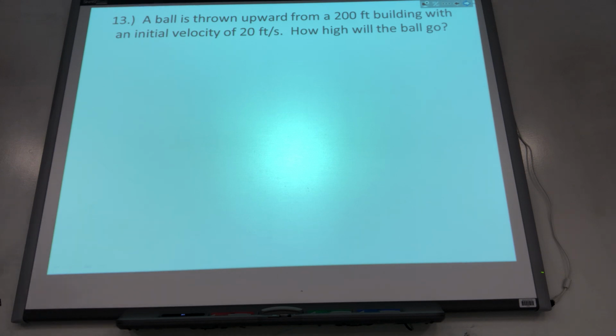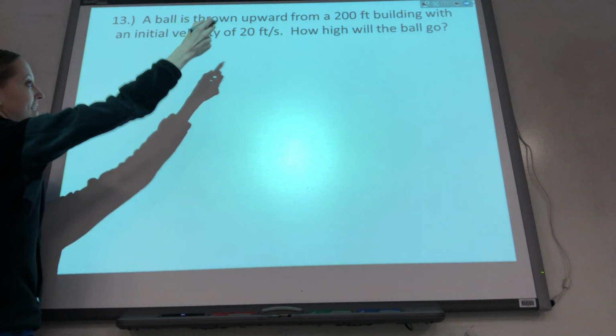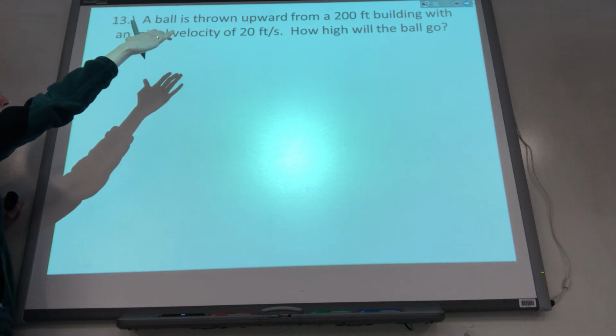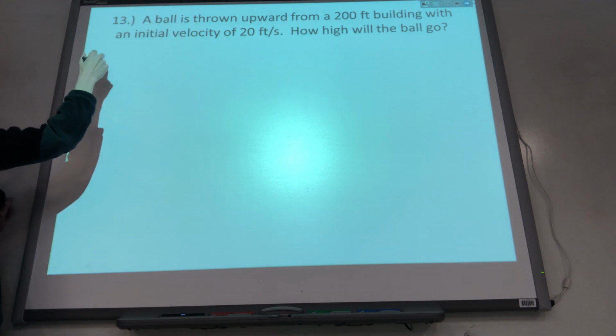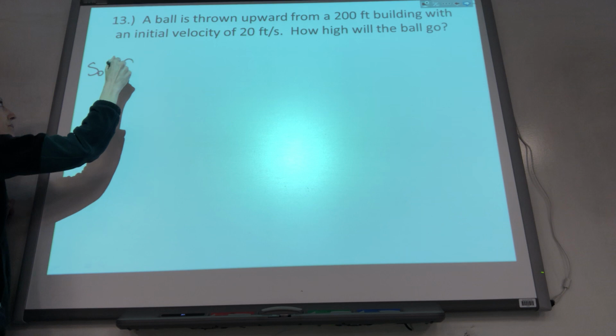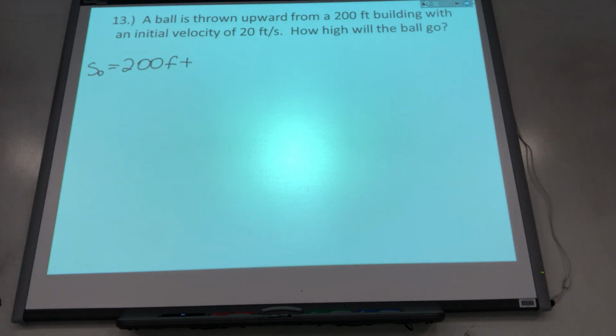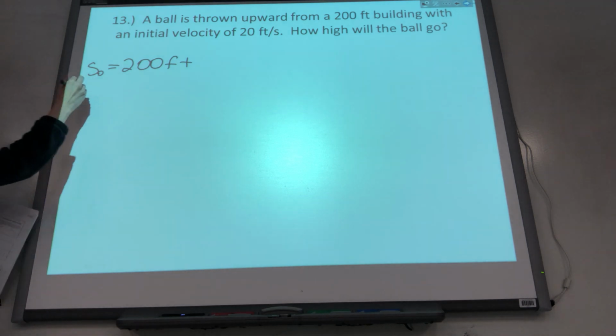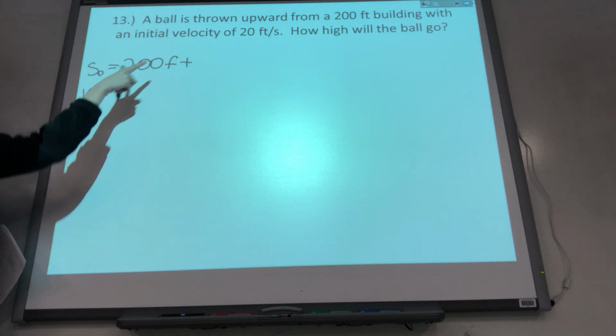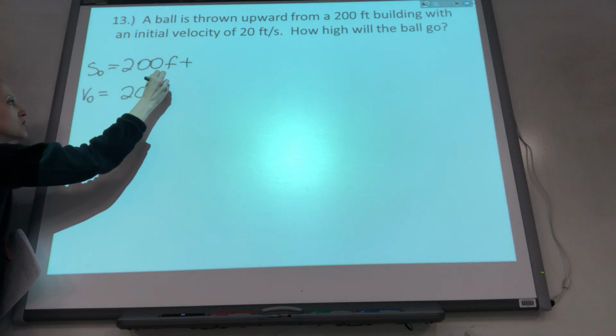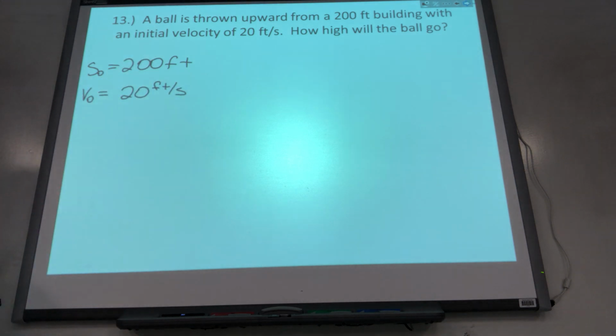That's something else you might want to go back and review. But if the height that I'm starting at is 200 feet, then that would be s sub 0. We're just going to assume it's starting right on top of the building. And then initial velocity, they're telling me right there, 20 feet per second.